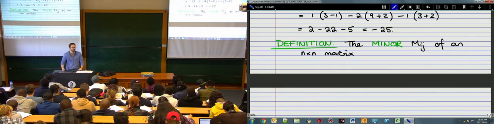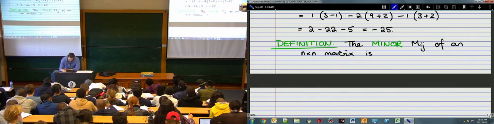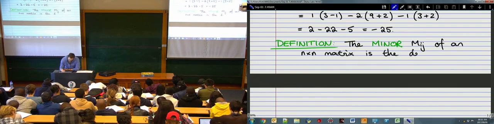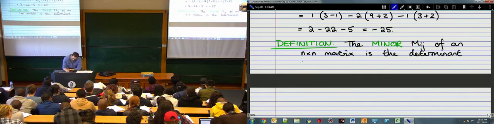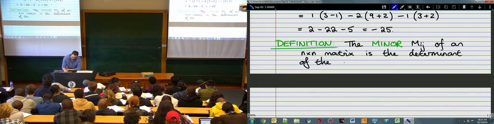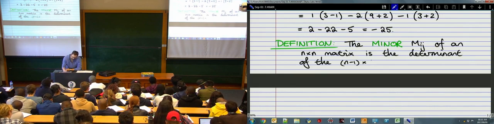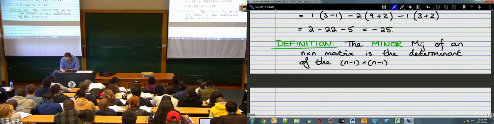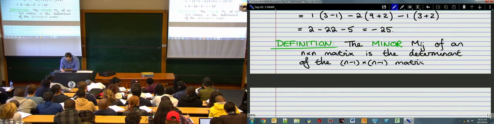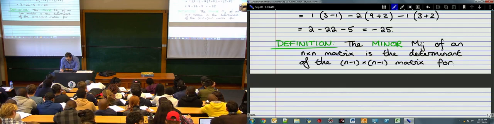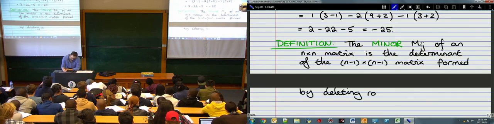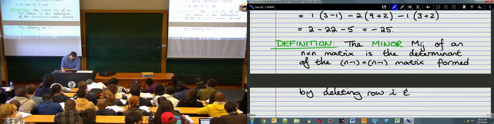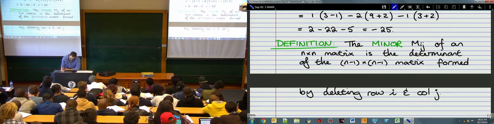The minor Mij of an n by n matrix is the determinant of the n minus 1 by n minus 1 matrix formed by deleting row i and column j.